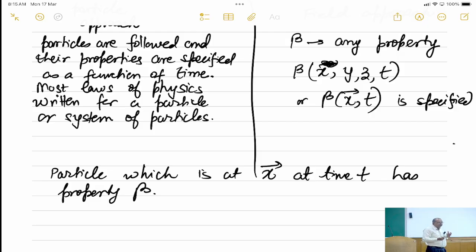And as we will show, if I look at the rate of change with respect to time from a particle viewpoint or from a field viewpoint, they will be different.